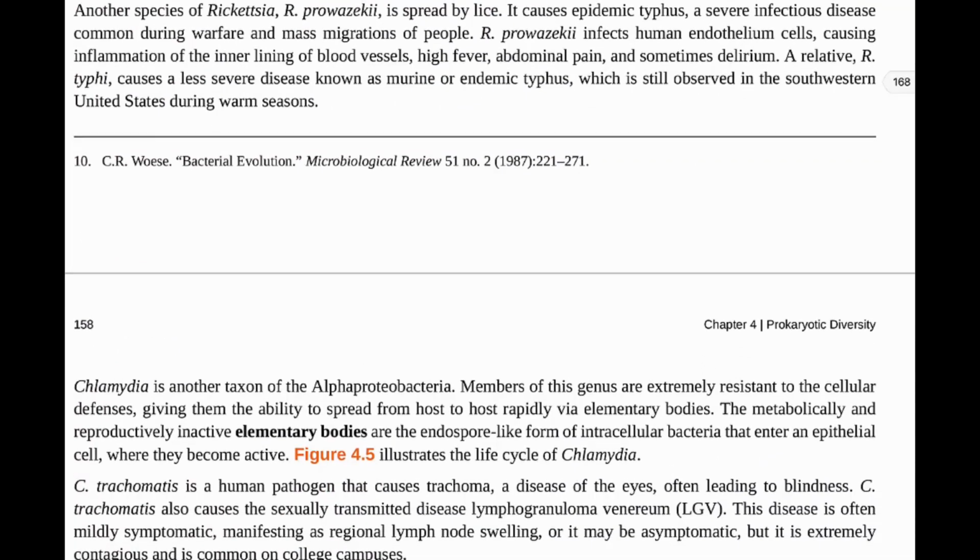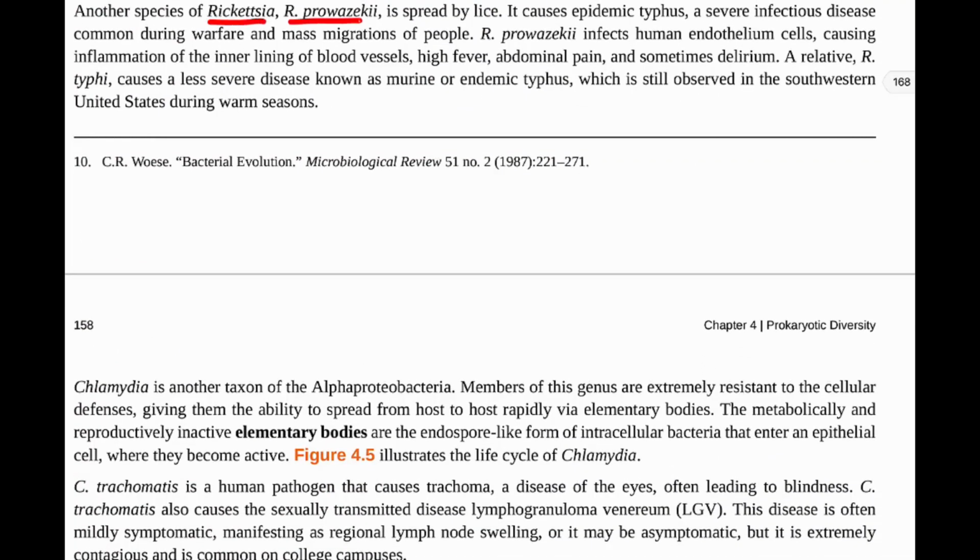Another species of Rickettsia, R. prowazekii, is spread by lice. Remember, Rickettsia is a very tiny prokaryote, so it's infecting the ticks and the lice. In this case, it causes epidemic typhus, a severe infectious disease common during warfare and mass migrations of people.